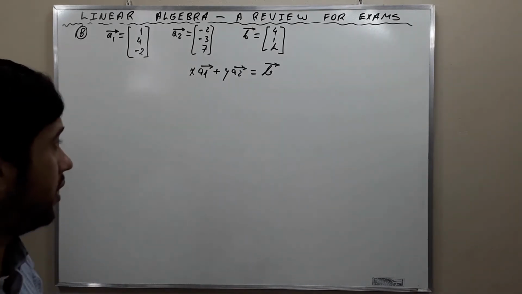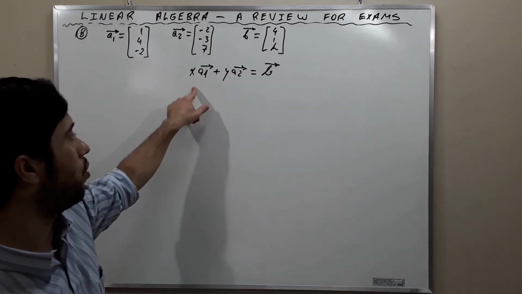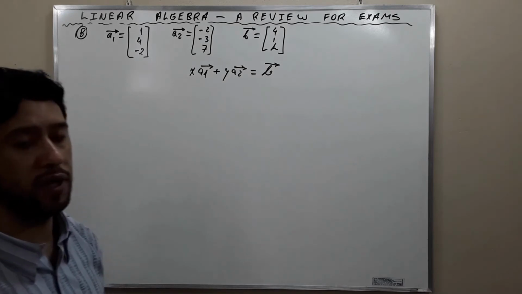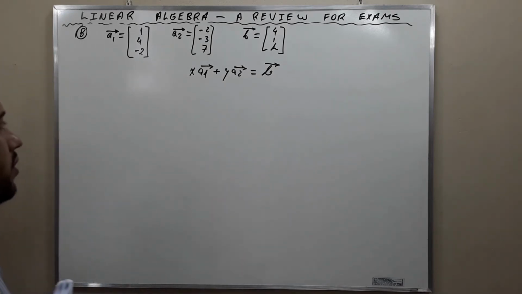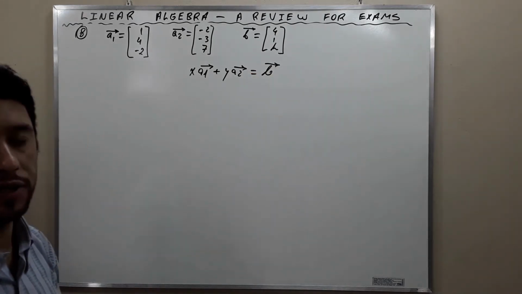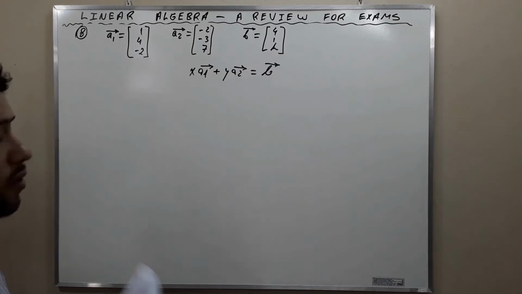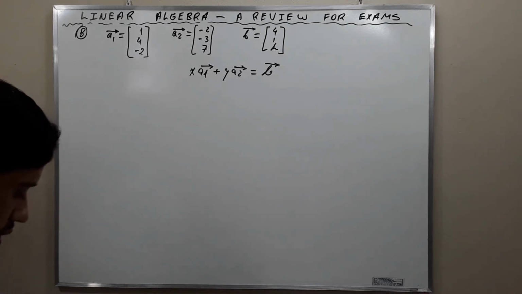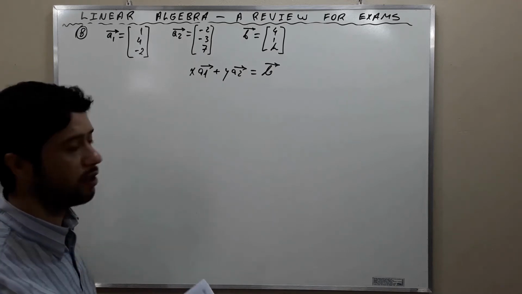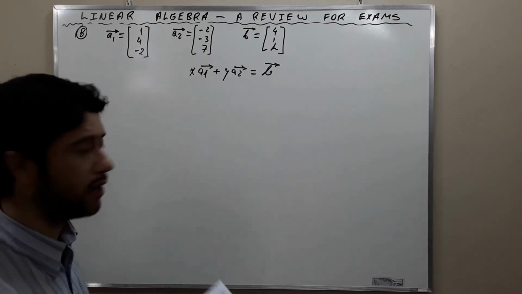If b can be produced by combining linearly a1 and a2, then b is in the span of a1 and a2, and we want to find values of h that make it possible, okay? And we are going to write this matrix equation in this way.